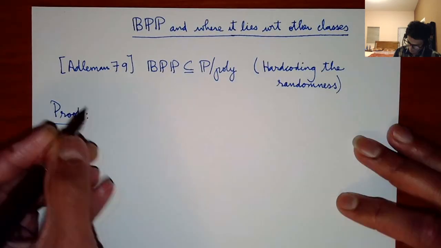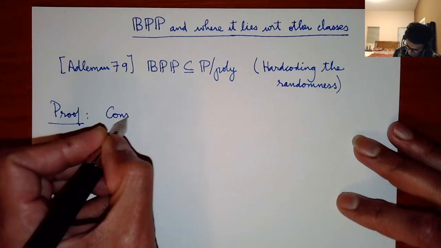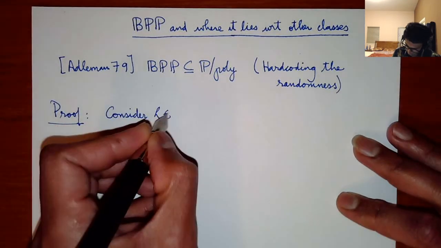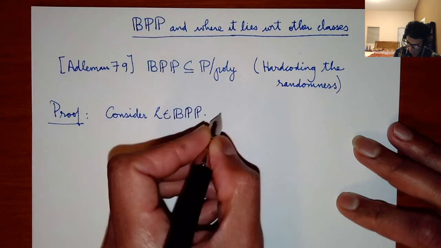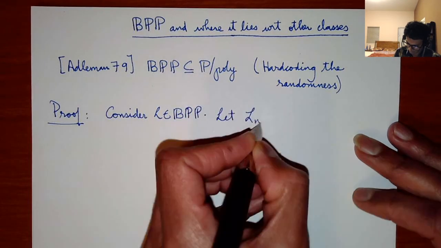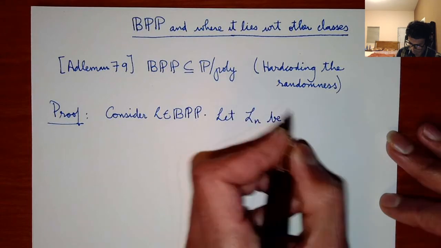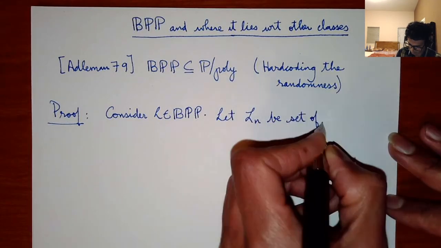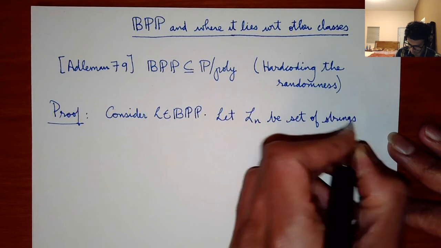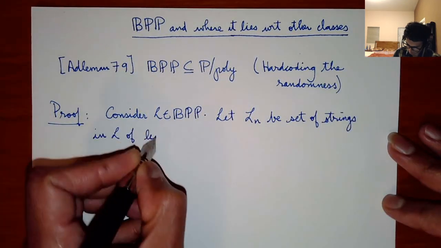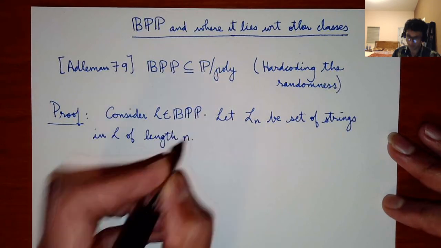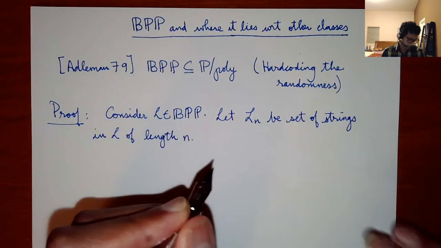So what's the idea? Let's consider L in BPP and let Ln be the set of strings in L of length n. Okay, so that's Ln.